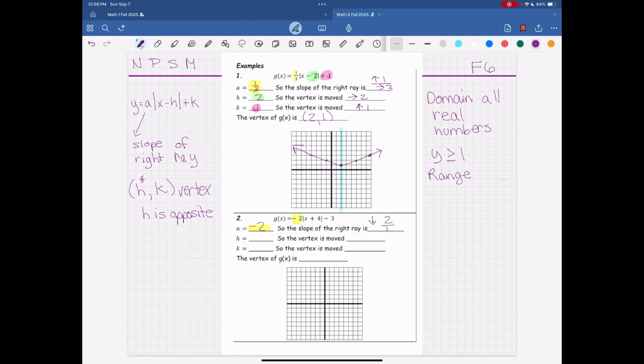And because this is negative, don't forget that our graph is going to be reflected through the x-axis. In this one, our h value, the opposite of plus 4 is minus 4. So the vertex is moved left 4.